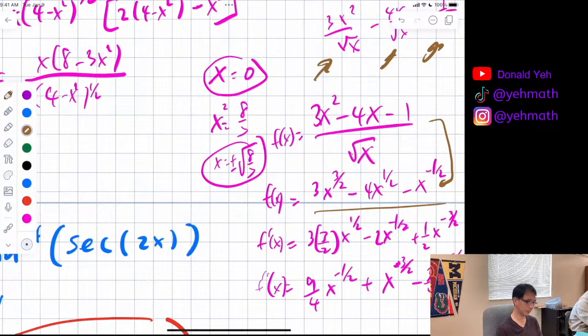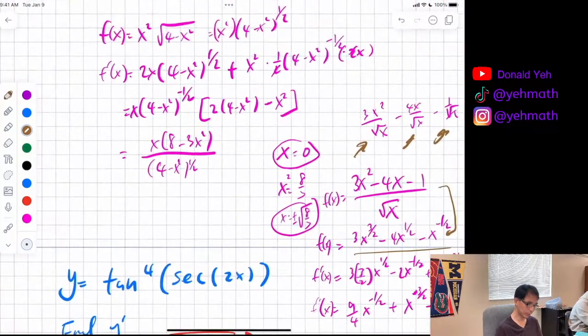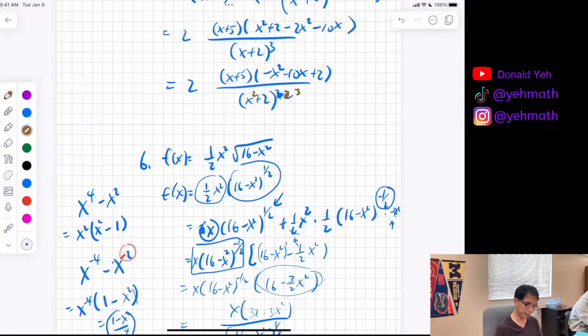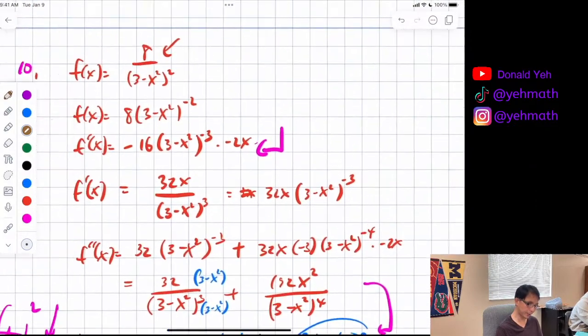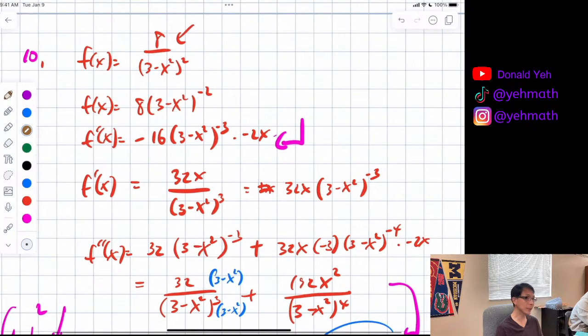Question 10. I avoid quotient rule at the very beginning because of the 8 on the top. So I move it to the top, and I do chain rule. Afterwards, I cannot avoid chain rule anymore.